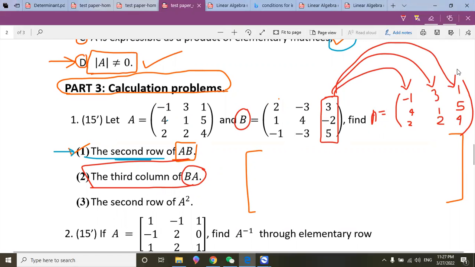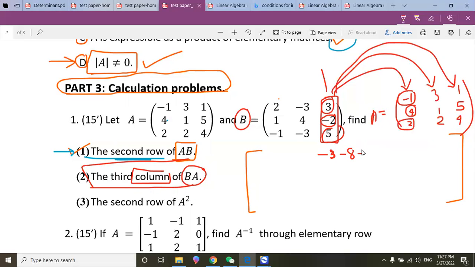So let's do the operation and write it this way. Now we have to write it upside down, because we are operating on a column, right? So 3 multiply minus 1, that will be minus 3, and minus 2 multiply 4, it will be minus 8, and 5 multiply 2, it will be 10, right?